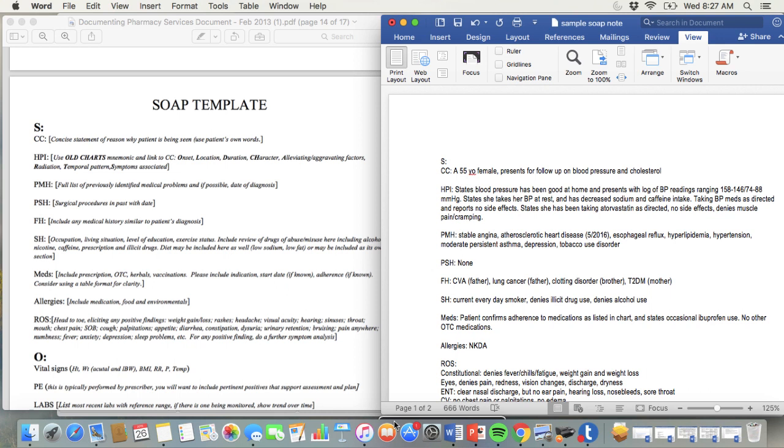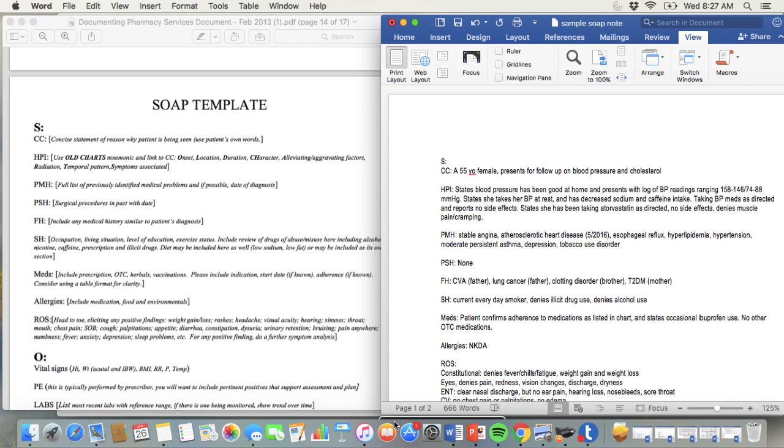We're going to look at the SOAP note template in your documenting pharmacy services packet that was used for the original SOAP note, and compare it to a sample SOAP note, an ideal of what the SOAP note should look like when finished, so that you can use this for your revision due later this week.